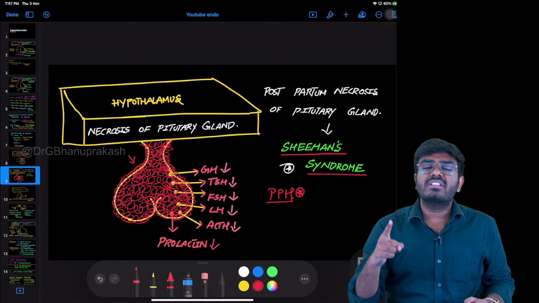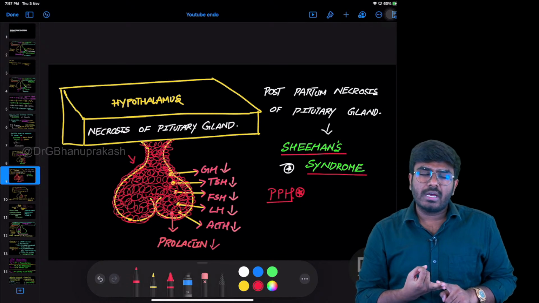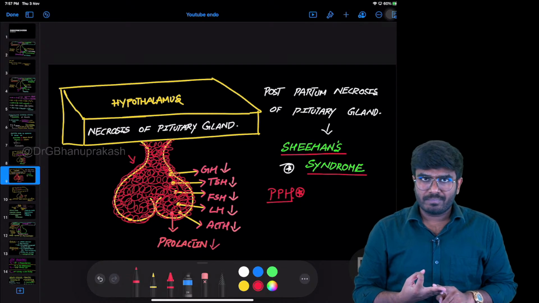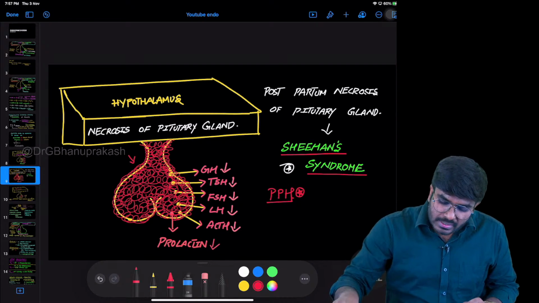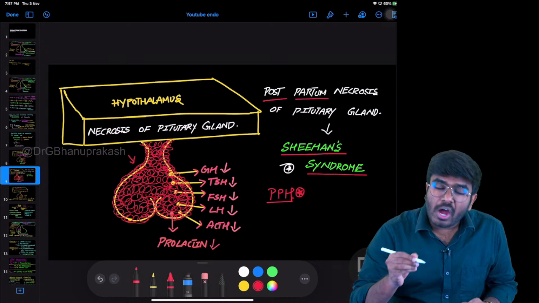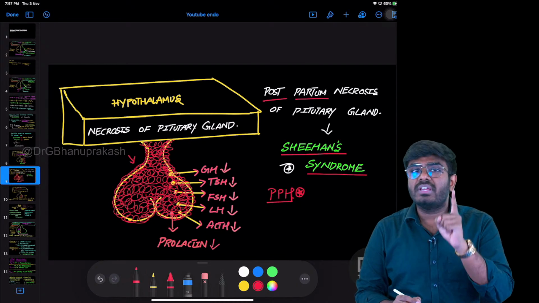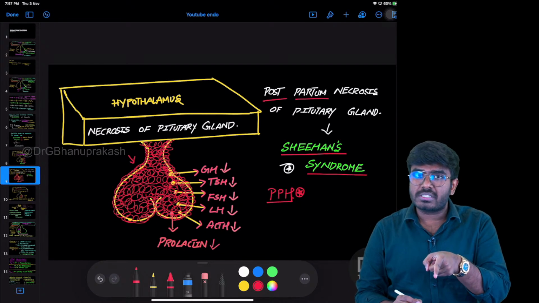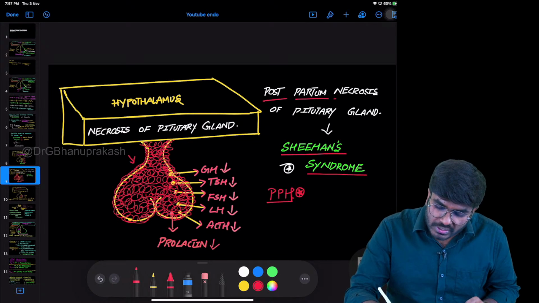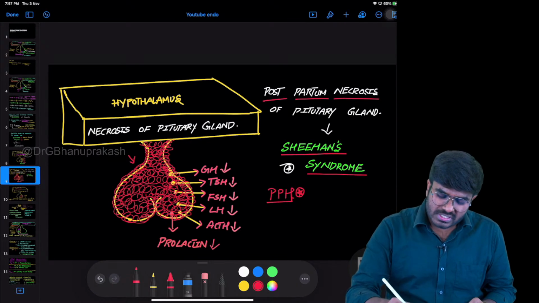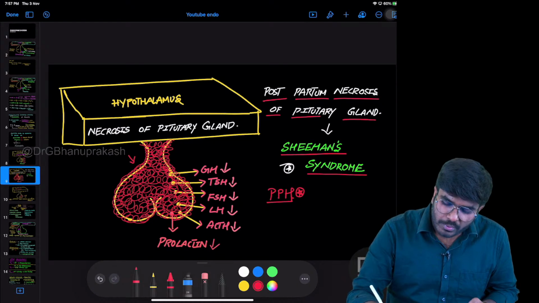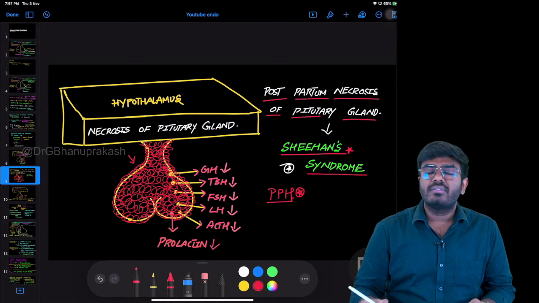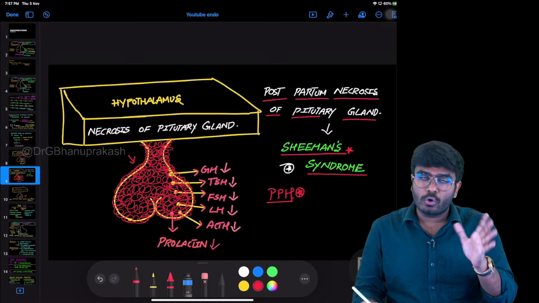So the pituitary gland will suffer with ischemia, hypoxia, later necrosis will happen. So when necrosis is happening, postpartum after the delivery, whenever there is severe hemorrhage, that is postpartum hemorrhage, in those conditions the pituitary gland will undergo necrosis. So this is called postpartum necrosis of the pituitary gland, which is also called Sheehan's syndrome.